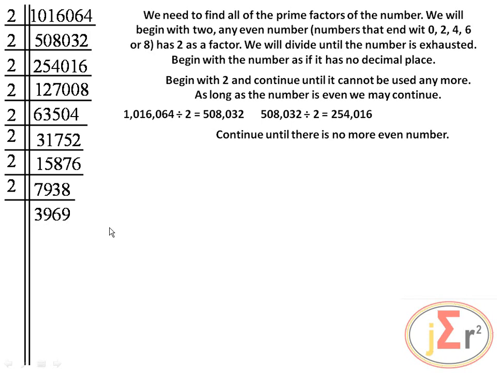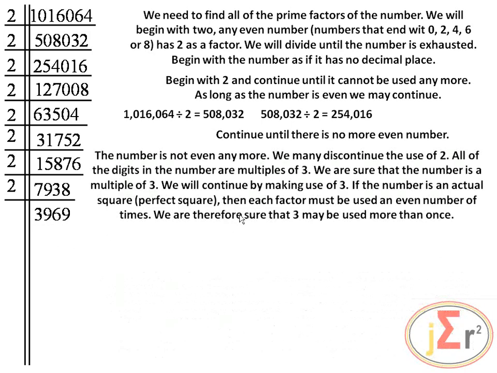So since 3 can go into every digit, we know that the number is a multiple of 3. The number is not even anymore, so we may discontinue the use of 2.